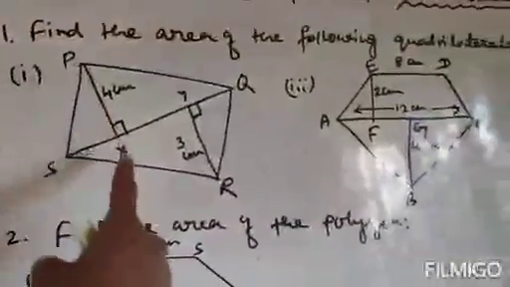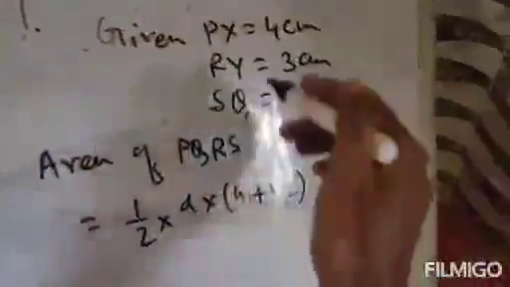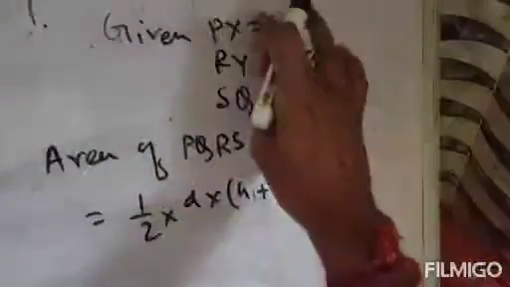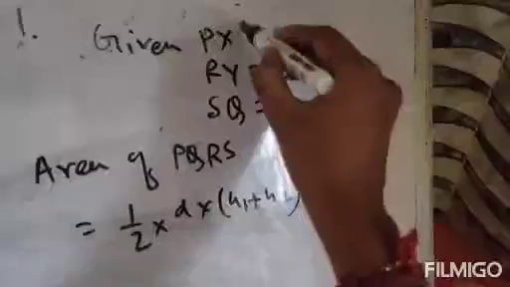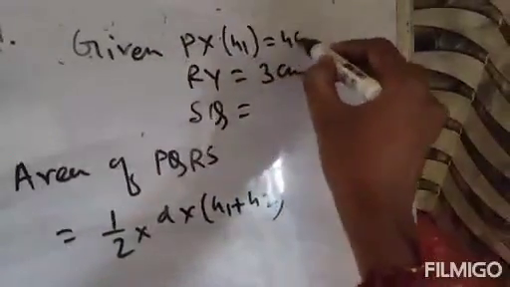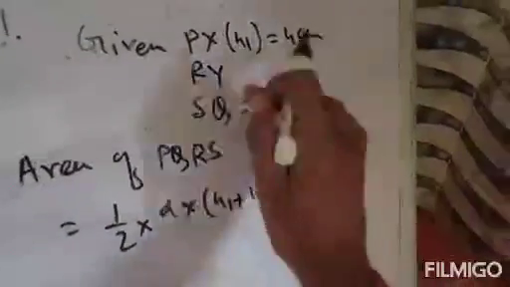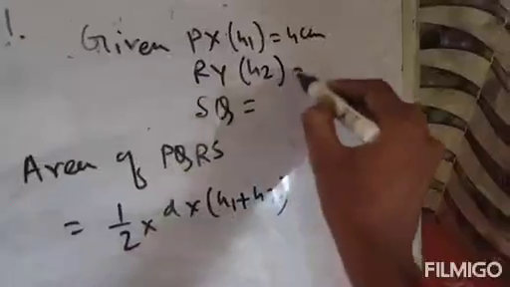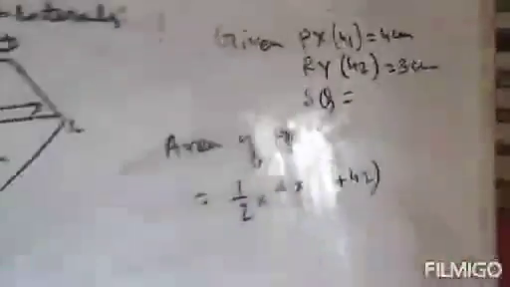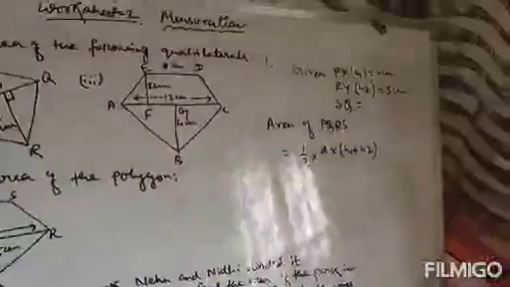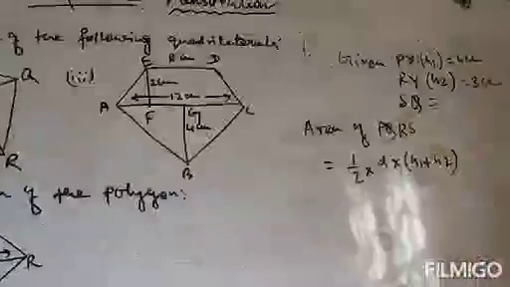Now let us consider PX as h1, which is 4 centimeter, and RY as h2, which is 3 centimeter.